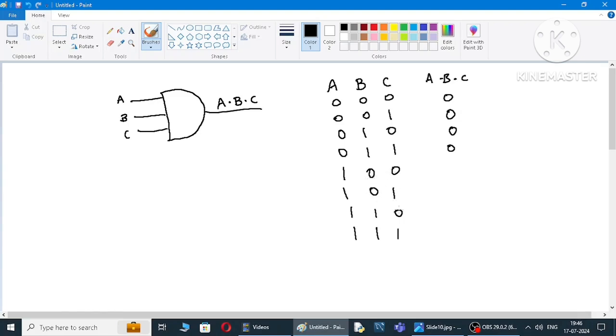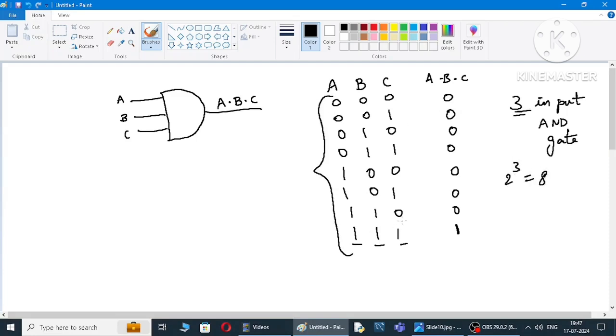Now check the zeros here. When does it result in a 1? When all 3 inputs are 1, then the output will be high. For all the remaining combinations, the output is low. So this is the truth table for a 3 input AND gate. For a 3 input AND gate, there will be 2 power 3, that is 8 input combinations.